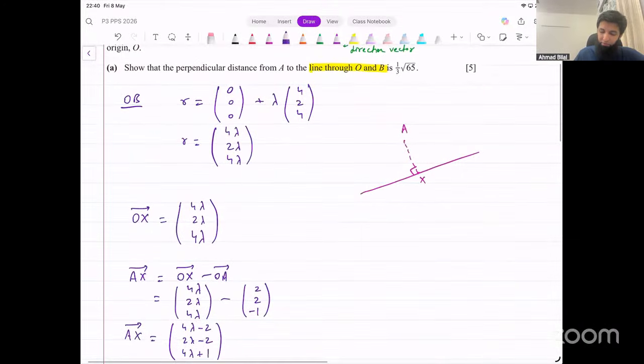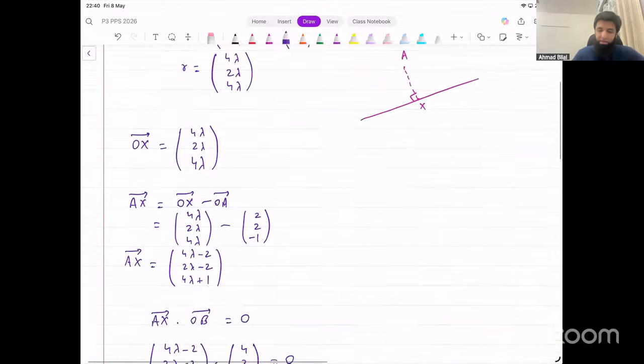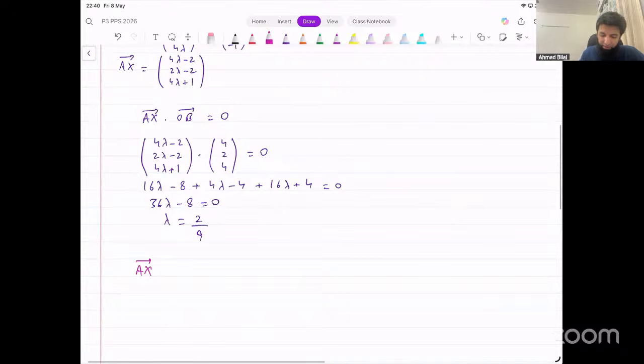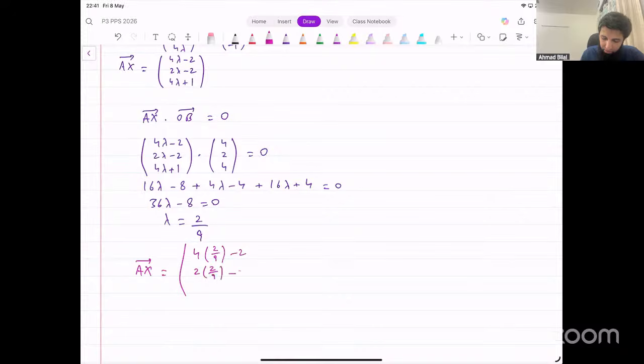Now all we have to do is find this perpendicular distance, AX vector. Input this value of lambda back in that AX vector. What does that turn out to be now? 4 lambda minus 2, that means 4 into 2 over 9 minus 2, 2 into 2 over 9 minus 2, and 4 into 2 over 9 plus 1.